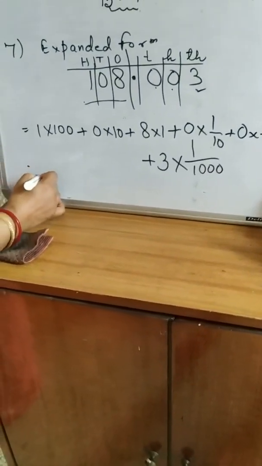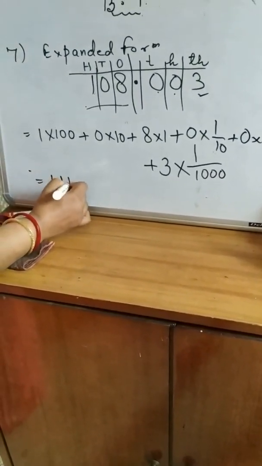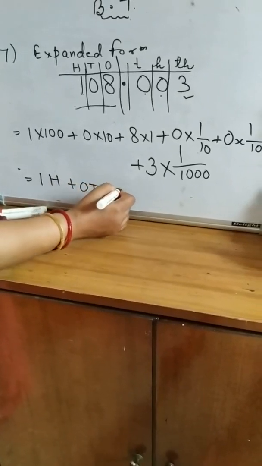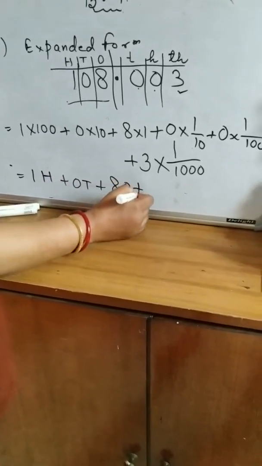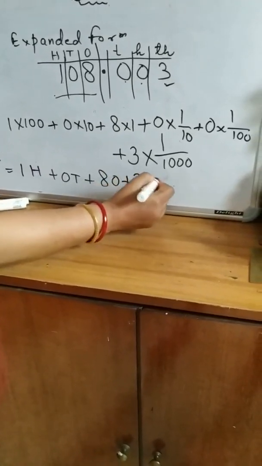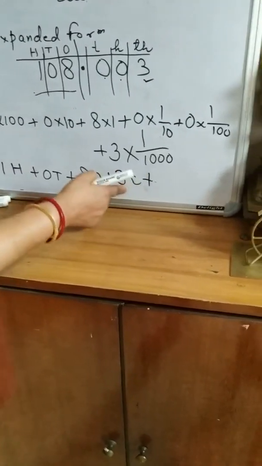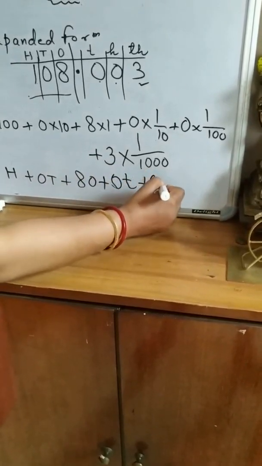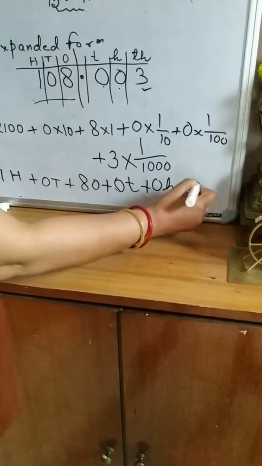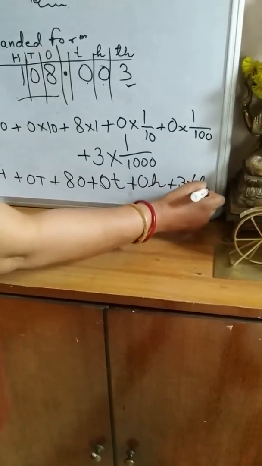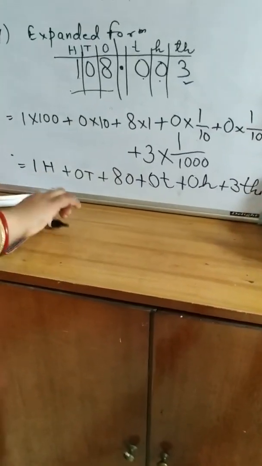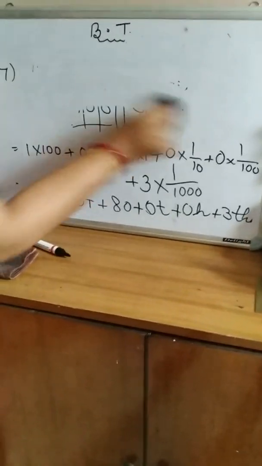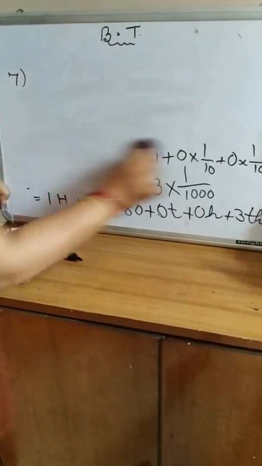Another way is to write 100 plus 0 tens plus 8 ones plus 0 tenths plus 0 hundredths plus 3 thousandths. So these are the two ways in which you can write the expanded form of the decimal number.